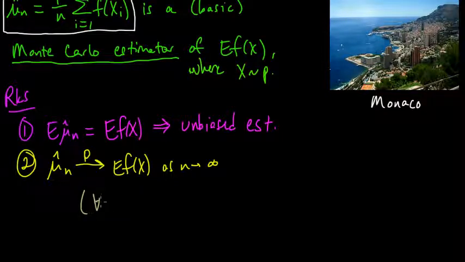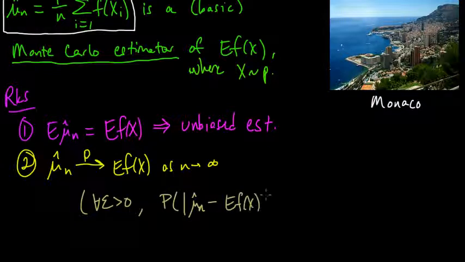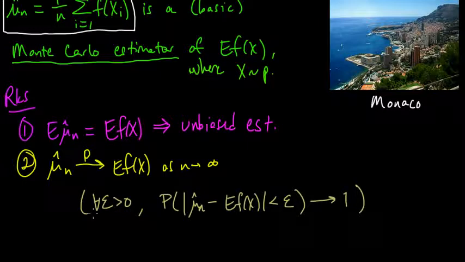This means that for any positive epsilon, the probability that mu hat n is within epsilon of the expected value of f of x converges to 1 as n goes to infinity. That's what it means to say that this is converging in probability, and we write it this way.